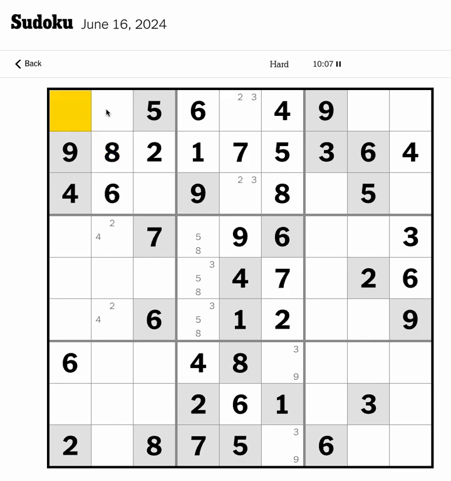Okay, 1, 3, 7. Okay, I'm not seeing it yet, so let's move on to 4. Yeah, 2 has been placed, so makes this a 4, and this is 2. 4, 4.